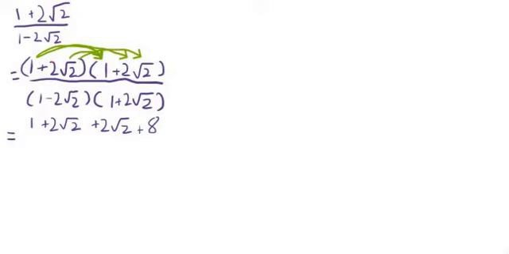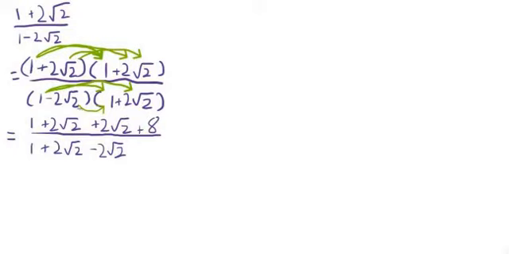Then for the new denominator, we've got 1 times 1, which is still 1. Then we have 1 times 2 root 2, which is plus 2 root 2. Then we have minus 2 root 2 times 1, so it is minus 2 root 2.